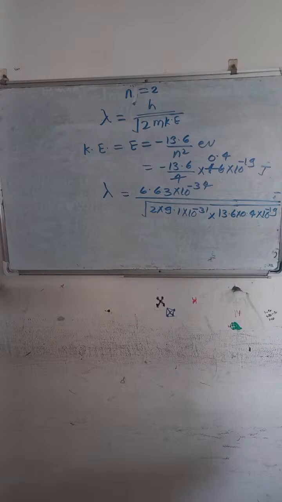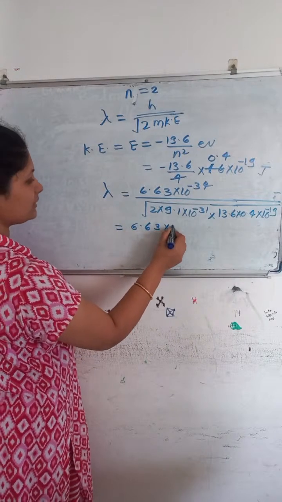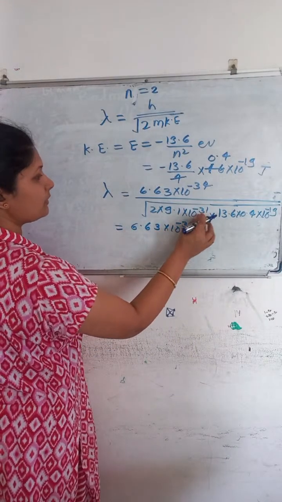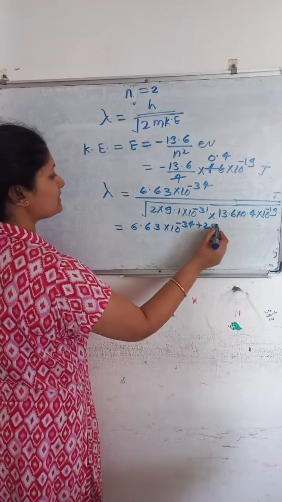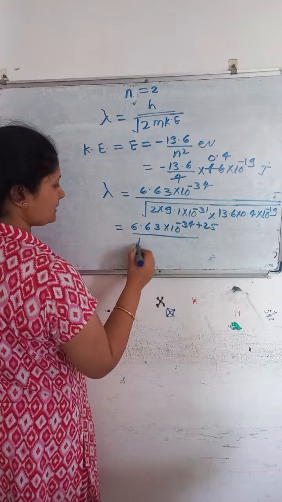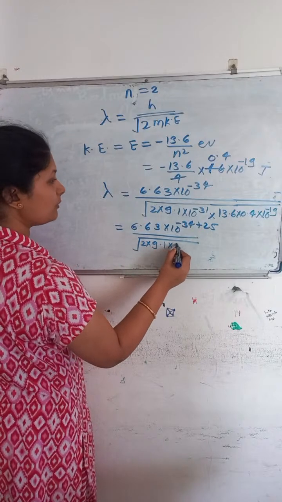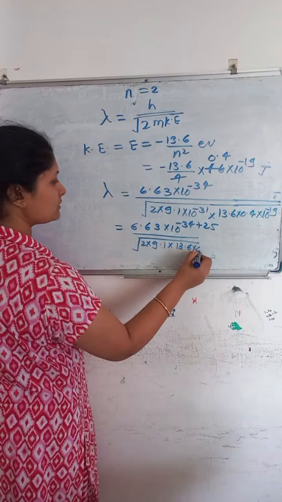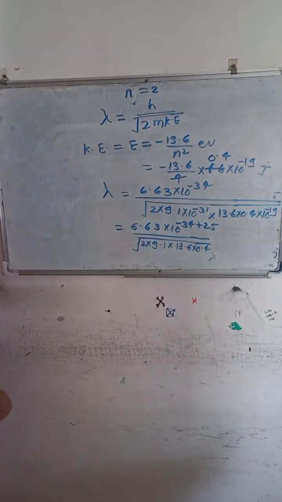Minus 25 goes up, so here I will simplify this. 6.63 into 10 raised to minus 34, and taking out minus 25, you can send it up as plus 25. Inside this bracket you can write 9.1 into 2 into 13.6 into 0.4. This 0.4 also you can take out, or you can remove the decimal.